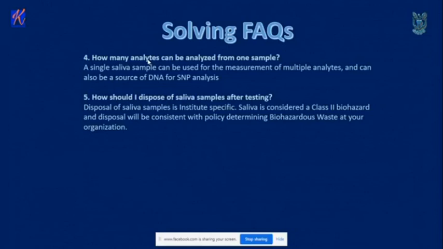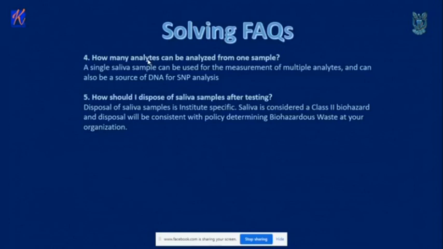It's only that you have to understand and separate it out into different aliquots, so that you use them for your future work. If you want to take one saliva sample with the intention to do analysis of multiple analytes, then you have to just store the sample in a better way in different aliquots, not in one single vial. Okay.